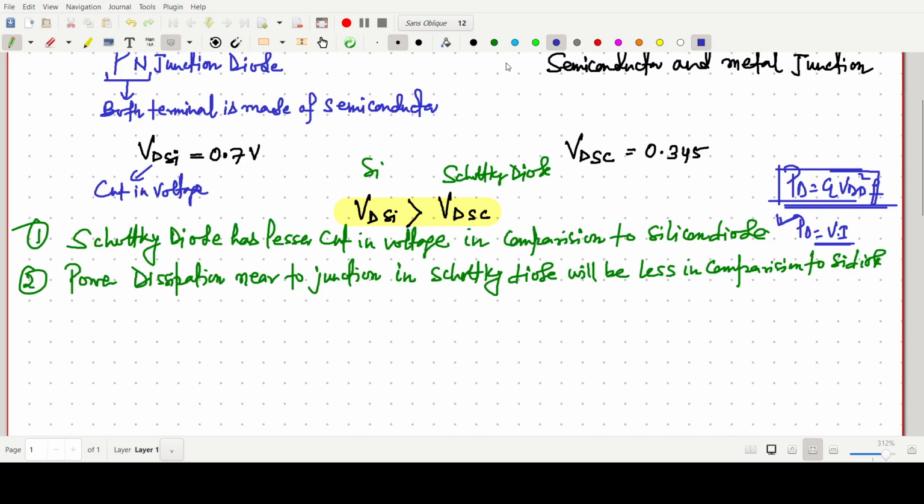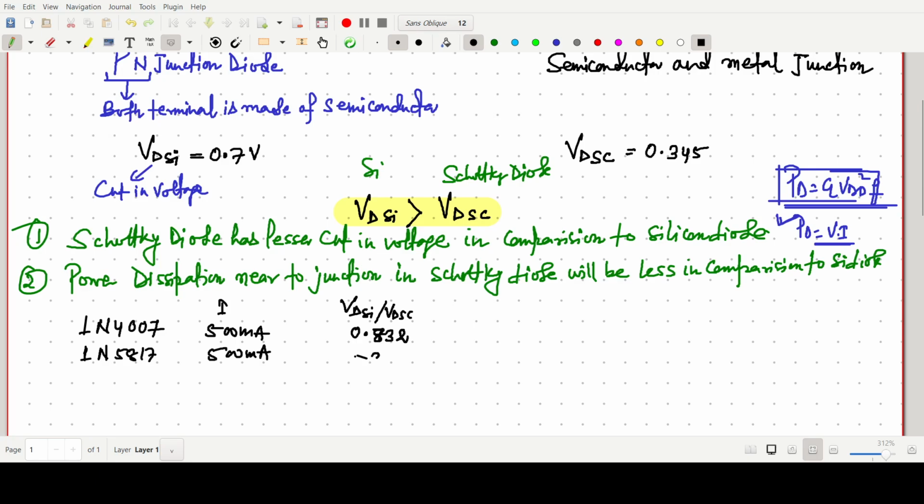In general, what we observe is that if one device, say 1N4007, and 1N5817, carry the same current, say 500 milliampere, then the cut-in voltage VD of silicon is around 0.7, or around 0.8 in some books, 0.832.